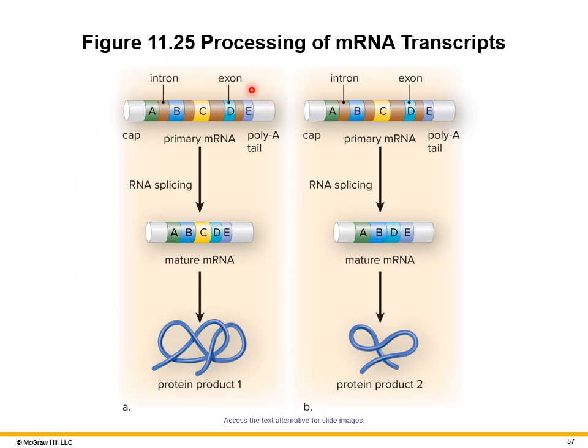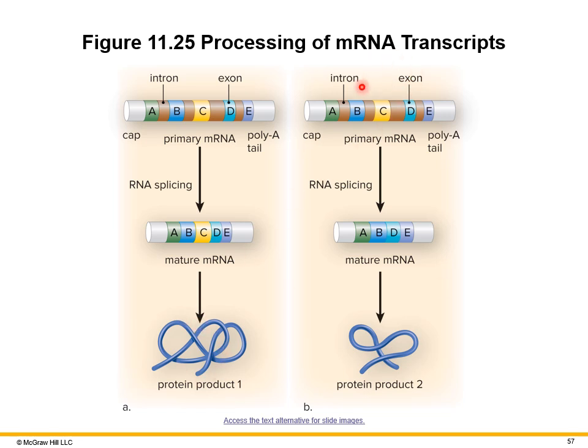So in the first transcript, we splice out the introns and we splice together the exons in the order A, B, C, D, E. And this unique sequence of the mRNA is going to produce a unique protein, product 1.